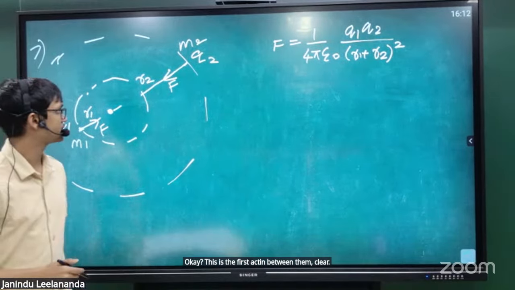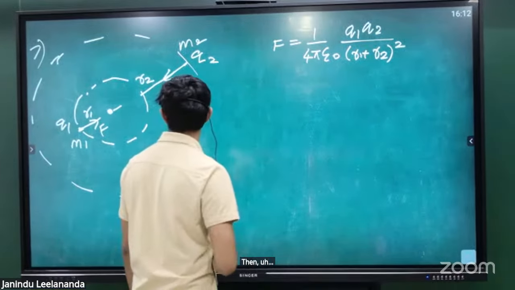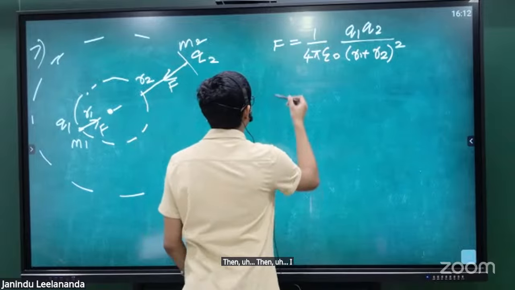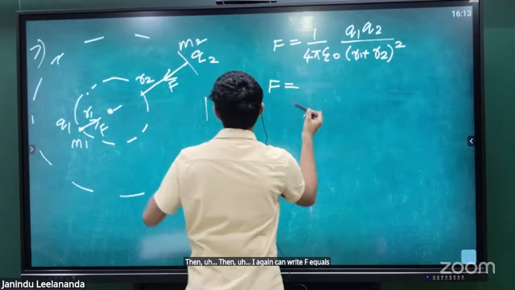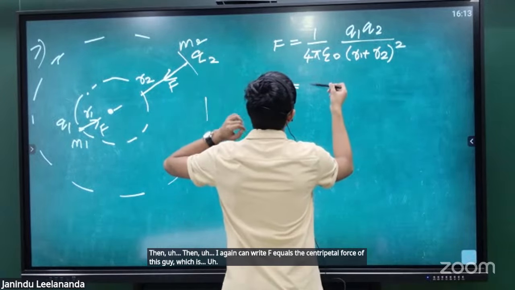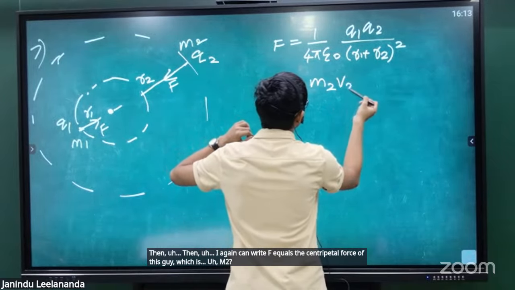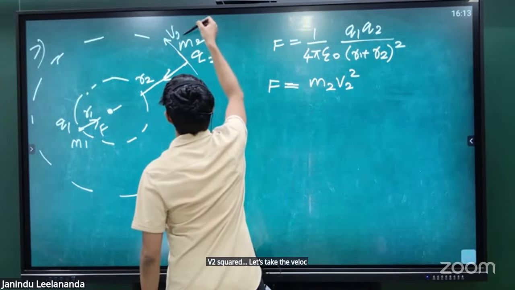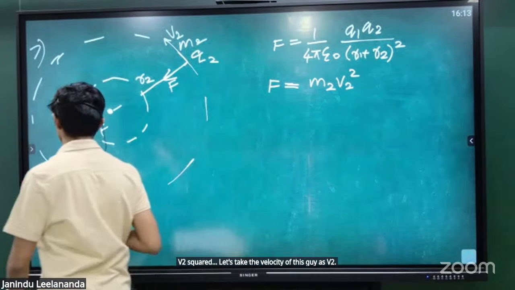Then I again can write F equals the centripetal force of this guy, which is M2 V2 squared over R2. Let's take the velocity of this guy as V2, velocity of this guy as V1.